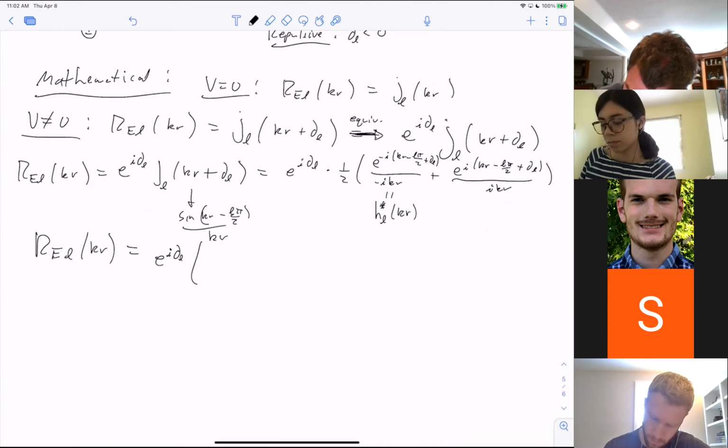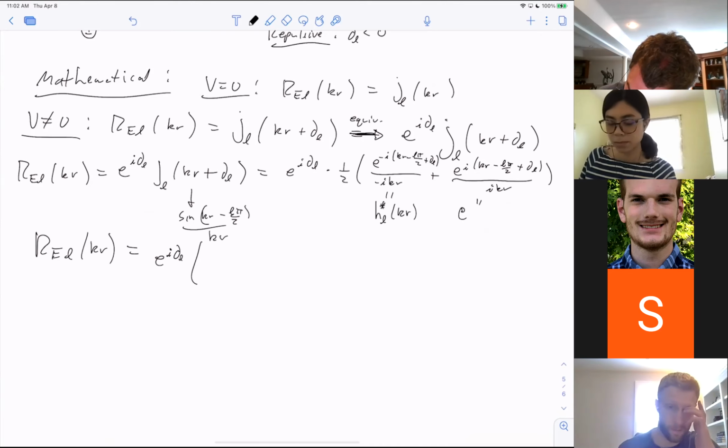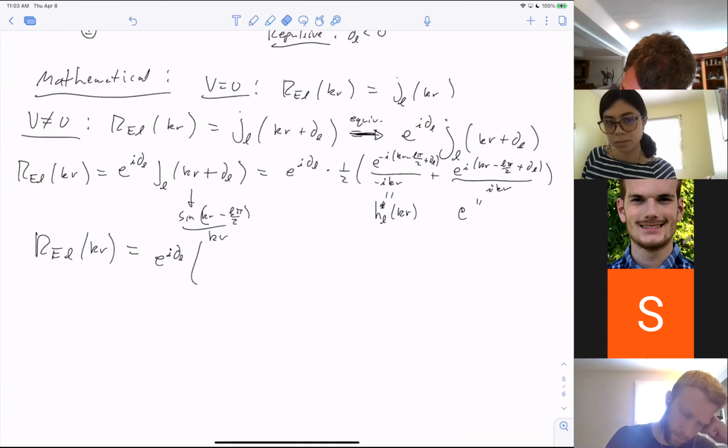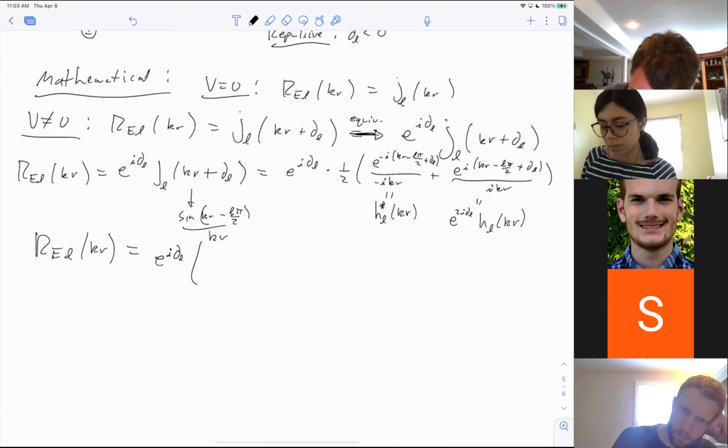And this guy, once you multiply by that prefactor in front, is going to end up being e to the 2i delta L H sub L of kr.